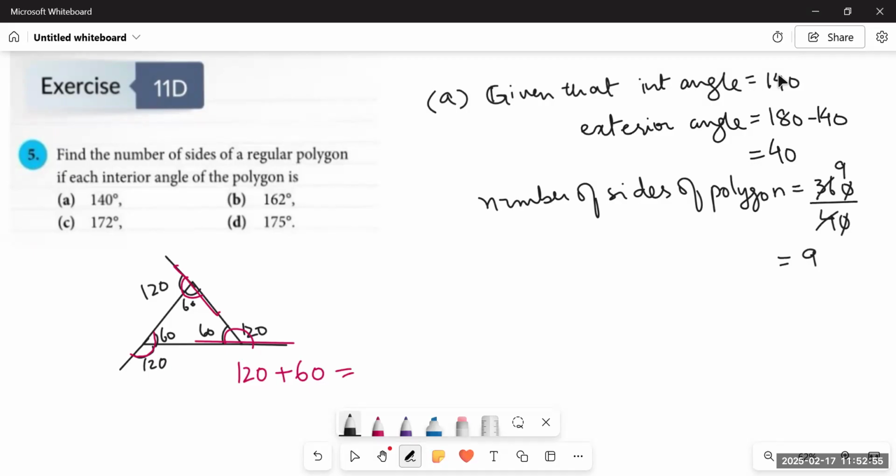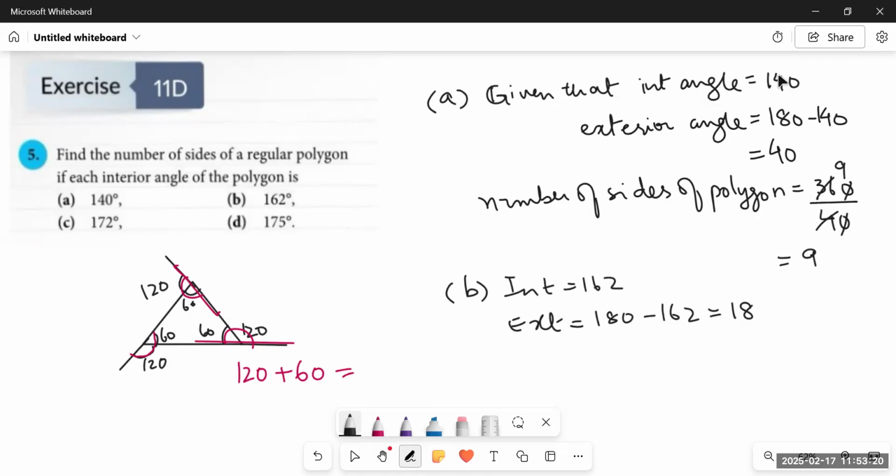How simple it is. Similarly, in part B, we are given the interior angle as 162. So the exterior angle would be 180 minus 162, which is 18. This is how we are going to do it. So what we are going to do next?